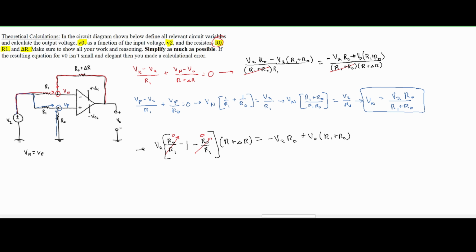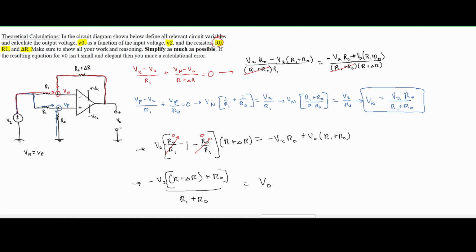And so we're going to have a negative V2, and then we will have, because of this negative one, by the way, an R plus delta R. And then we can add this to both sides, so we're going to have a plus R0, and then we can actually just put this in brackets and factor out the V2. That's where the V2 went, by the way. And then we can just divide both sides by R1 plus R0. And this is going to be equal to our V0.